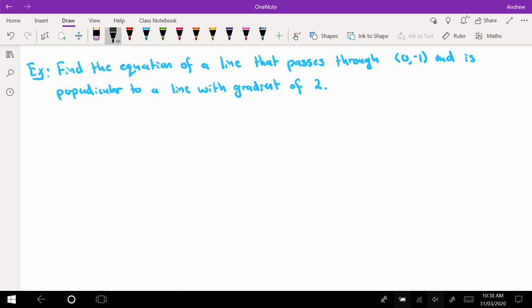Now, what this means is we first need to find the gradient of the perpendicular line. So if the gradient of our line 1 is 2, well, the perpendicular, that's the sign for perpendicular. I'll just write that out.